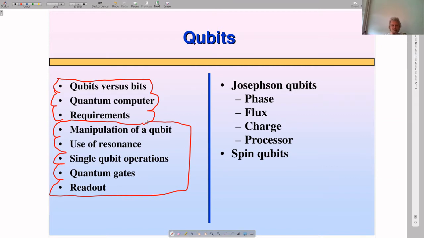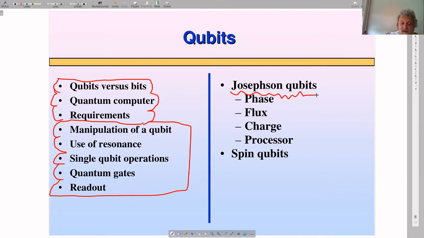Then we will talk about practical realizations of the qubits in the context of systems which are studied in quantum transport. And mainly, I will talk about different kinds of Josephson qubits.